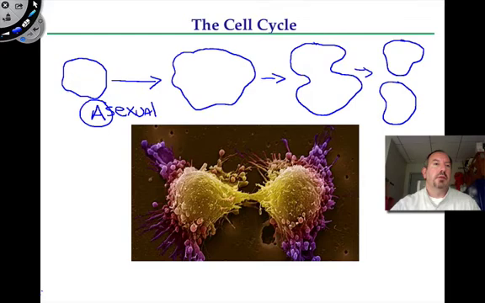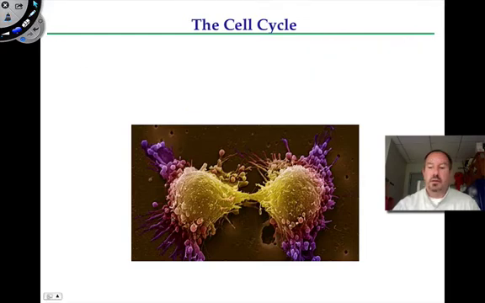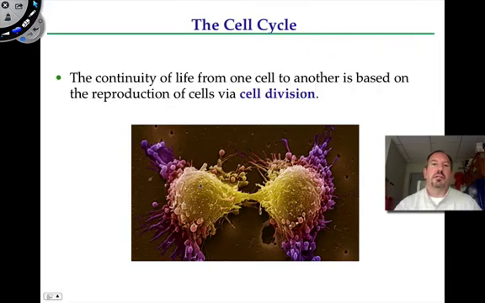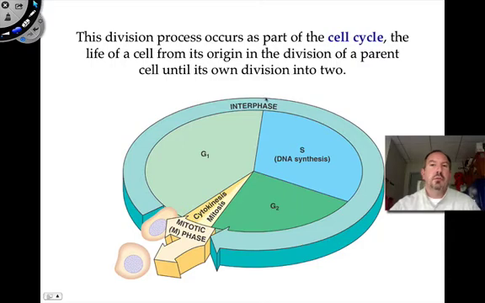Let's go back over here and say something about the cell cycle. So one cell is going to divide into another, and it's called cell division. And let me show you this. I drew the cell cycle out sort of linear a second ago, but most textbooks will refer to the cell cycle as a circle, and it's a good way to do that because in fact it's called a cycle.